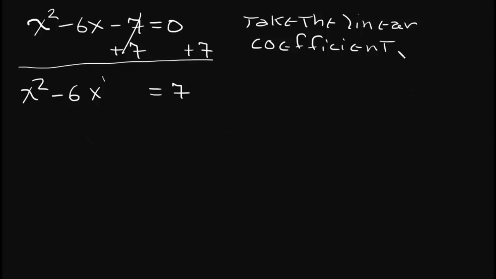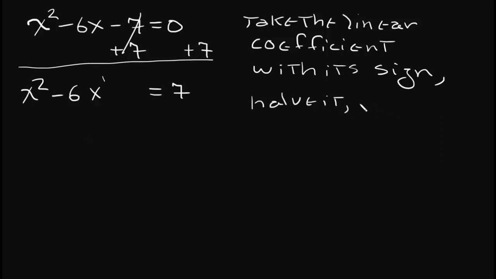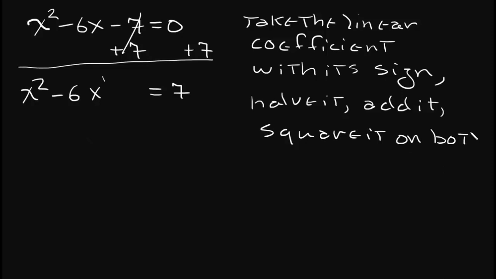Okay, we take the linear coefficient with its sign. In this case, that's a negative sign. And what we're going to do is have it halved, add it, and square it on both sides.